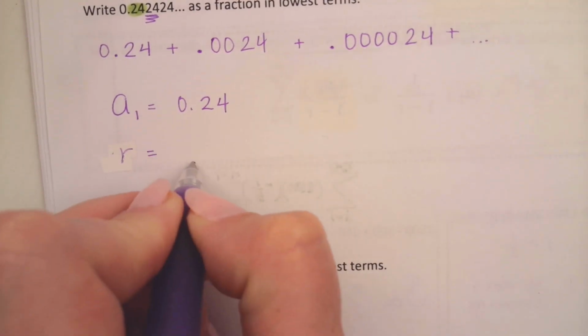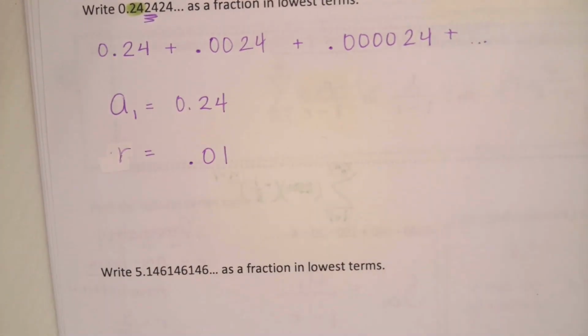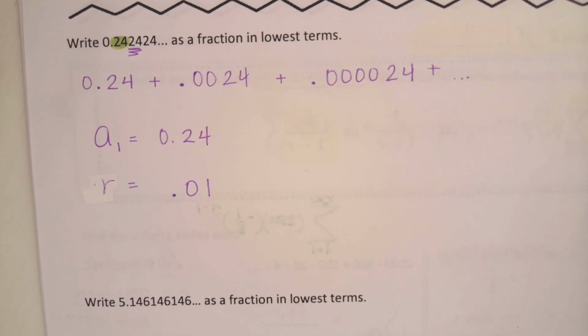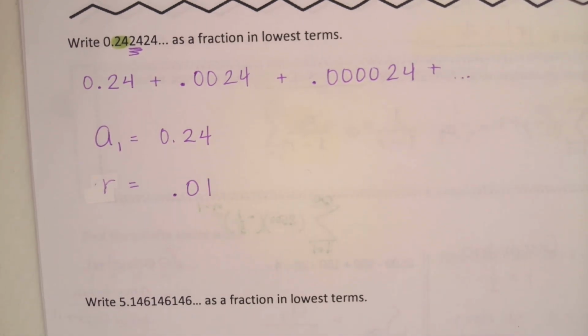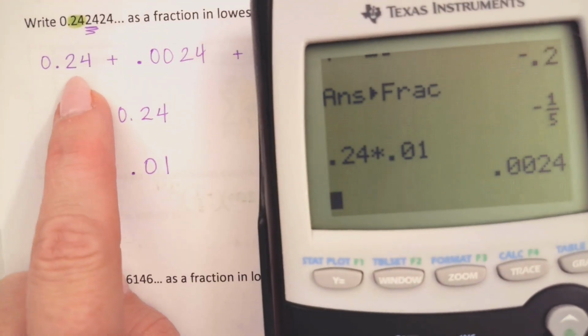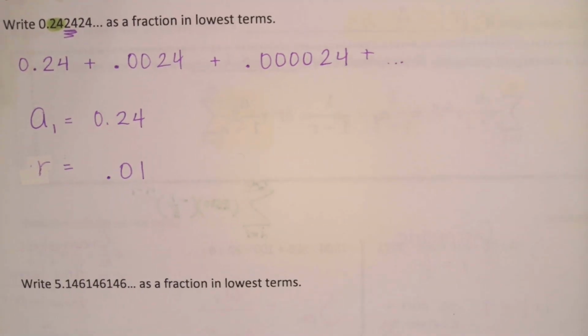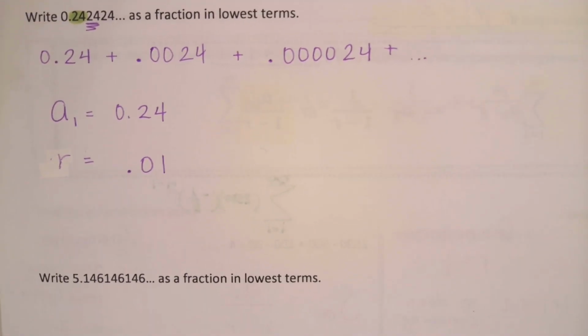R equals 0.01. See? If I take this 0.24 and multiply it by 0.01, I get 0.0024.